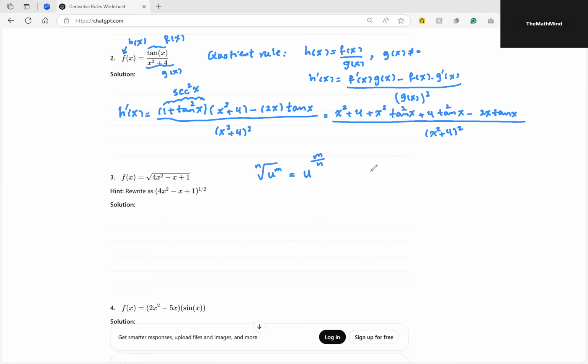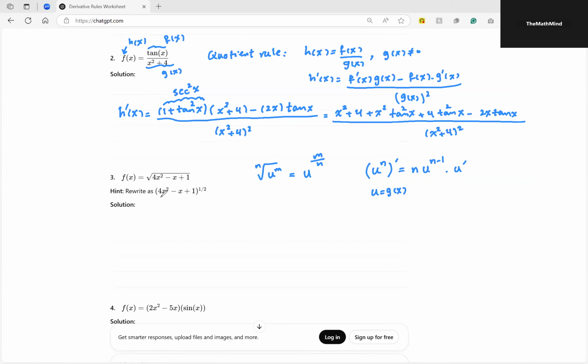If you remember the chain rule for u to the n, when u is another function, the derivative is n, u to the power of n minus 1. So far, we're using the power rule, but because u is another function, we should multiply this by the derivative of u as well.